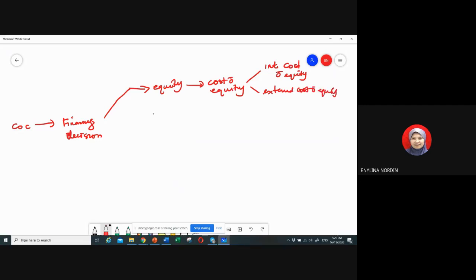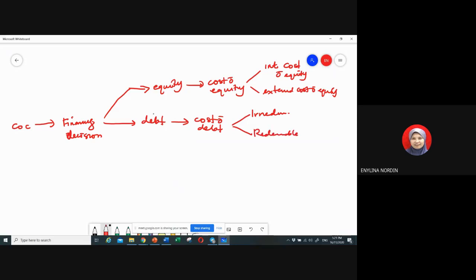And if the company's project or activities is financed solely by debts, no equity at all, that means the company will need to calculate the cost of debts. For cost of debts, it depends on the types of debts issued by the company, whether the company issues irredeemable debts or redeemable debts.